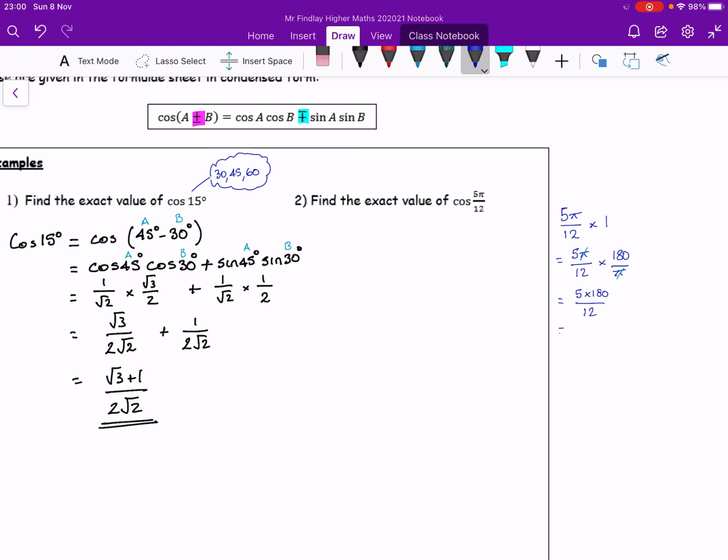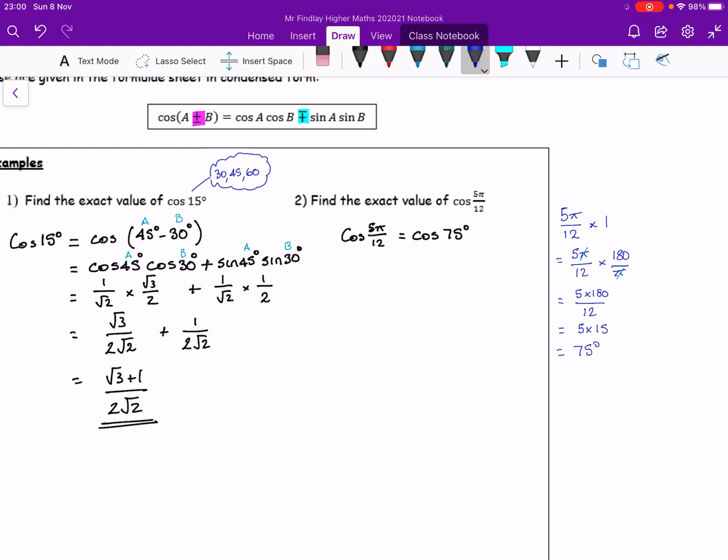I could do the multiplication first, but I'm just going to do 180 divided by 12, it would be 5 lots of 15, which would be 75 degrees. Okay, so what I'm saying is that cos 5 pi over 12 is exactly the same as cos 75 degrees.